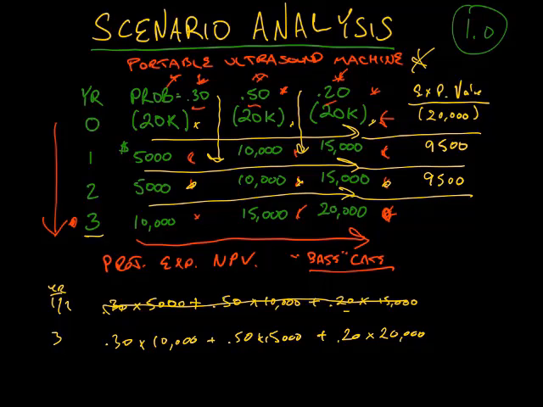Let's get that simplified a little bit more. Let's see, 0.3 times 10,000, that's going to equal 3,000. Plus, let's do the math, 7,500. By the way, if you ever see me make a mistake, let me know, and you might get some bonus points for it, because I'm kind of making this up as I go here.